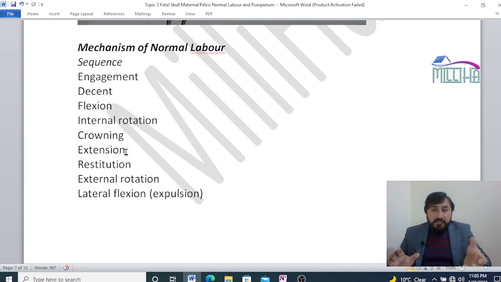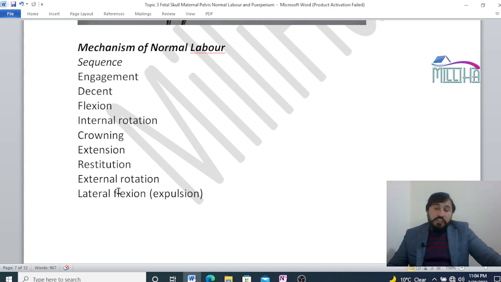As soon as the head is born and emerges outside, it comes back to its natural anatomical position. It's called restitution, because it had undergone a twist inside and now it twists back. After restitution, the shoulder also undergoes a rotation.